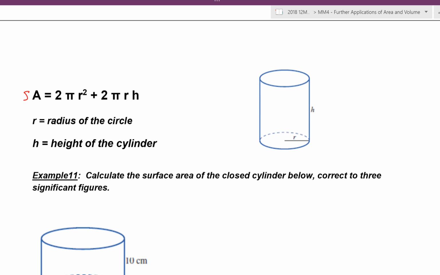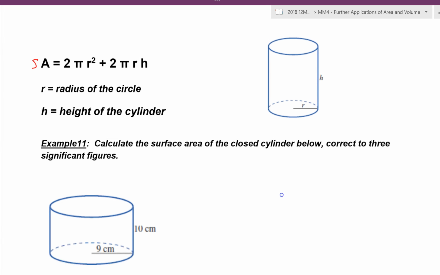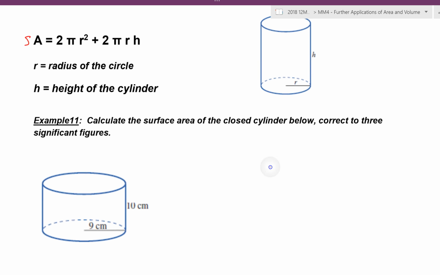Anyway, example 11 asks us to calculate the surface area of this closed cylinder here, correct to 3 significant figures. So my surface area is 2 times pi times 9 squared plus 2 times pi times 9 times 10. This is my base. There are 2 bases. This is the perimeter of the base times the height.